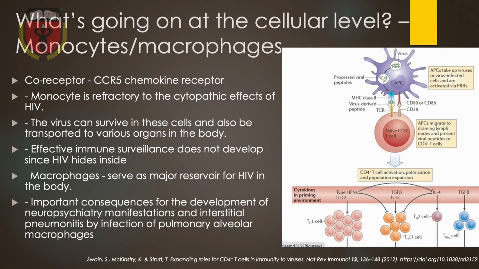So we talked about the viral infection, like how HIV infects a host cell. What is going on at the very cellular level? Who really sees the virus in our body? The first cells in our immune system that see the virus are actually antigen presenting cells like monocytes, macrophages or dendritic cells.